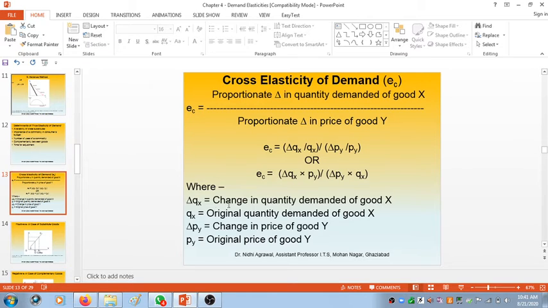Delta Qx represents change in quantity demanded of good X, Qx is the original quantity demanded of good X, delta Py is the change in price of good Y, and Py is the original price of good Y.